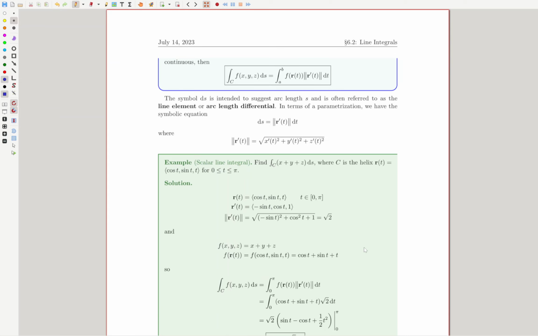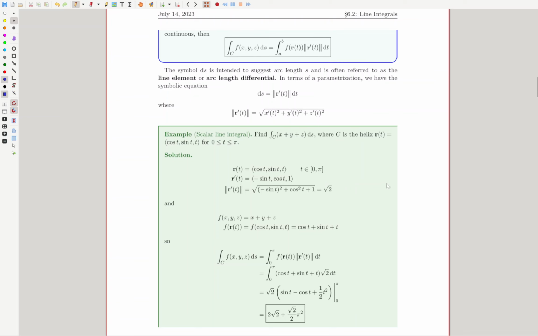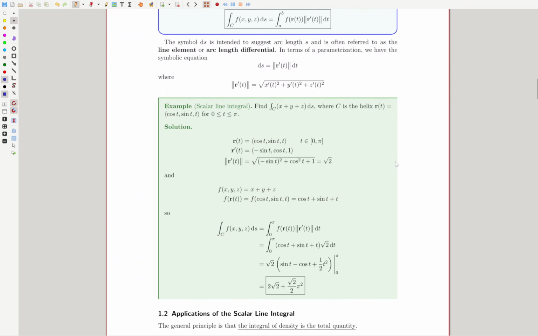Now here's an example of computing a scalar line integral. I think this didn't show up in your homework, but you should have been assigned a problem on it, because it's very common that you have to compute scalar line integrals as well as vector line integrals. So let's go through this example. We have this function, and we have this parameterization.